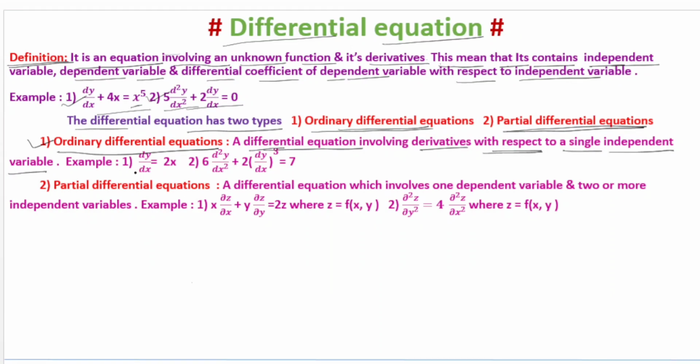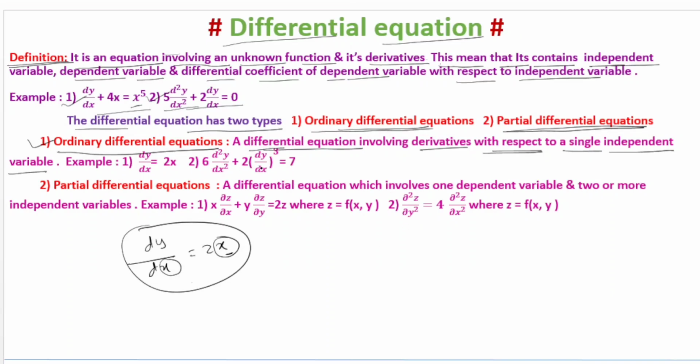For example, take dy by dx is equal to 2x. Here x is the independent variable, which means this equation contains only one independent variable, so it is called an ordinary differential equation.